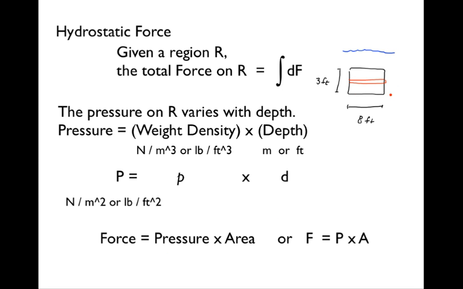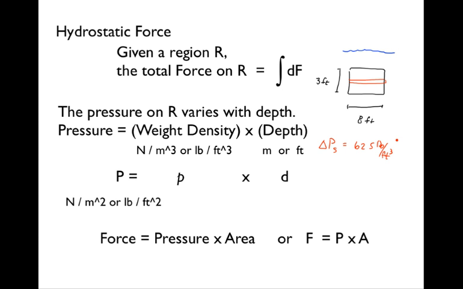Then we'll add up all the strips. So the pressure, delta P, on our strip is rho. Since this is underwater, that's 62.5 pounds per foot cubed, times the depth.